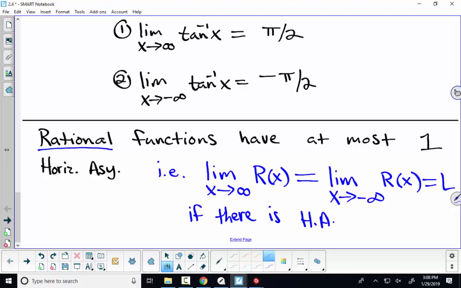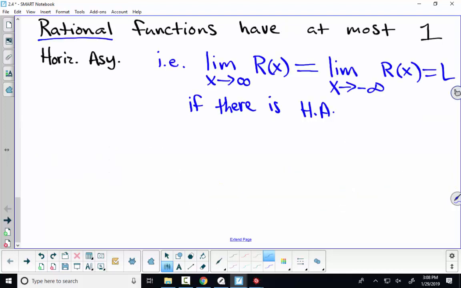So, can we combine the two? Is there ever an instance where the limit as x approaches infinity on some function is also equal to infinity or negative infinity? Is there ever an instance that we can think of? Linear functions. Yeah, like a linear function, right?